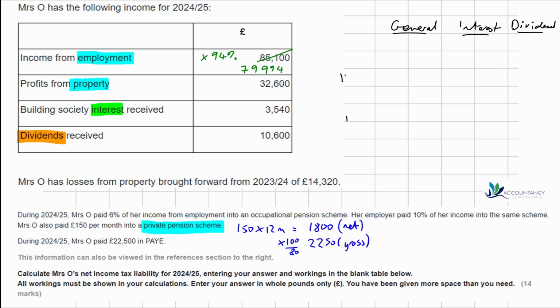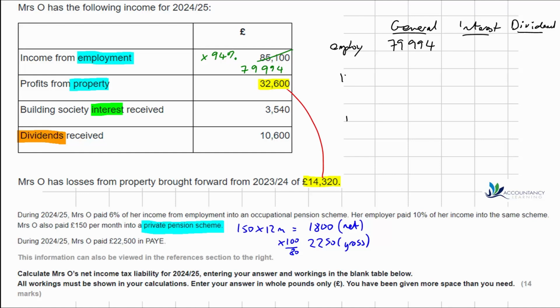So for our general income, we've got our employment income, and that's the 79,994 after deducting the payment we've made to the occupational pension scheme. And then we got our property income, that's the 32,600, but we've made losses in the past, so these losses can be used to offset some of this year's profits.